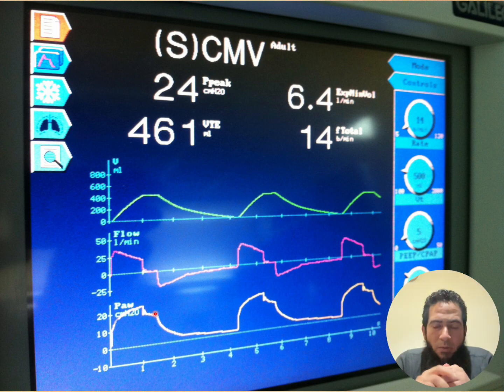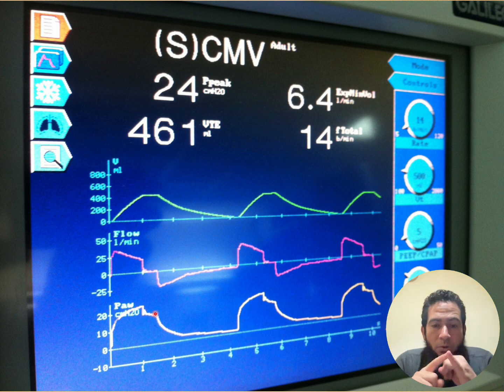For this mode, you just need to adjust the tidal volume, the respiratory rate, and the FiO2, which is normally 100%. Then you can titrate down to reach the target oxygenation.